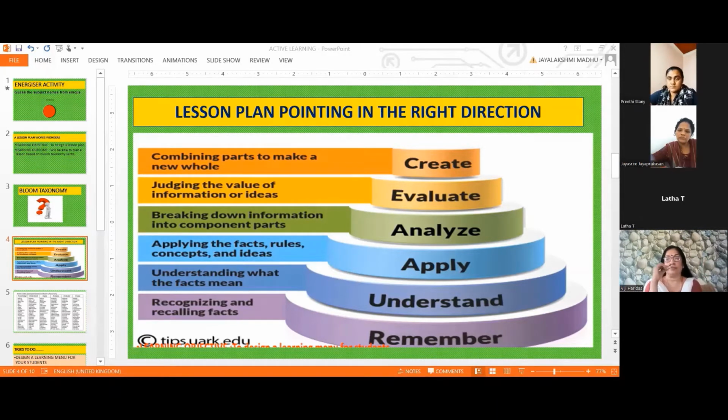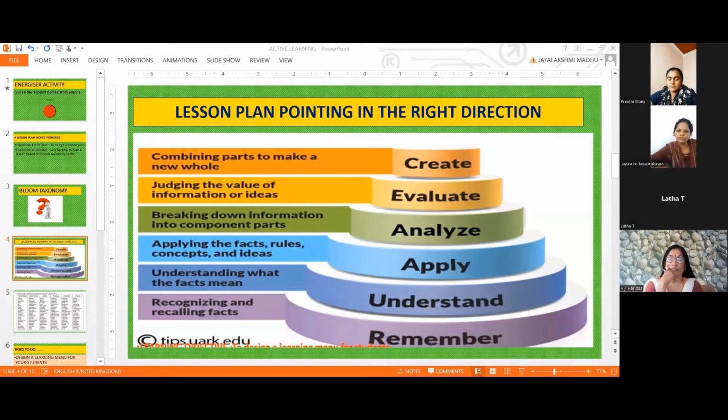Because in our class, the level of the students differs from one student to another. So when you're writing the objective, always choose the higher order skill verbs, which come under analyze, evaluate, and create. And the first 3 are lower order skills.